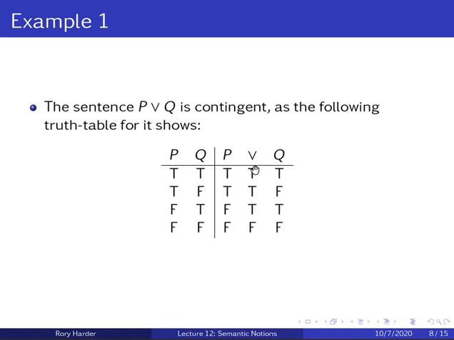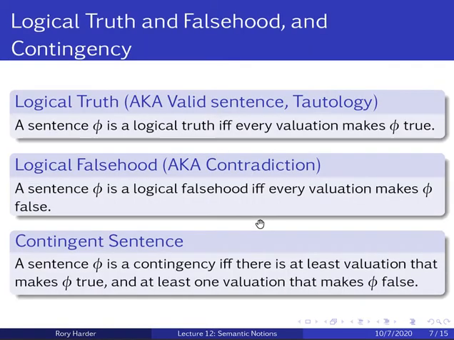Here we see that the first three are valuations in which the entire sentence is true, and in the final one, it is false. So there are some valuations in which P or Q is true, and some in which P or Q is false, and that's just what it means for the sentence to be contingent.